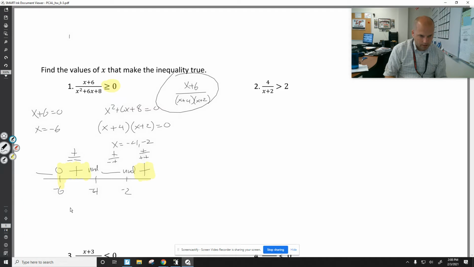So I would say x is bigger than or equal to -6, less than -4, or greater than -2. And in set notation, x belongs to [-6, -4) or (-2, infinity).